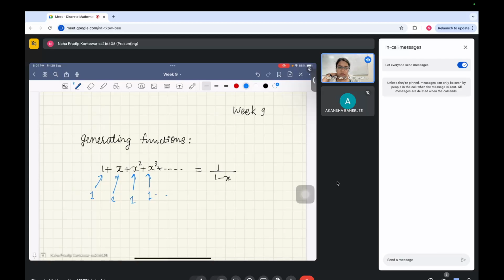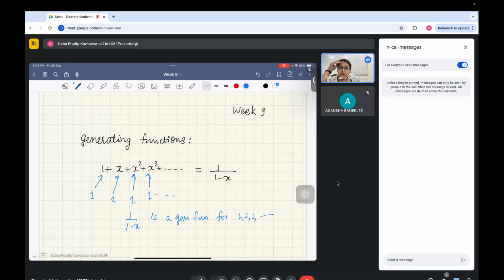So the coefficient of every term is 1 here. So in this case, you say that 1 over 1 minus x is a generating function for the sequence 1 1 1 and so on.